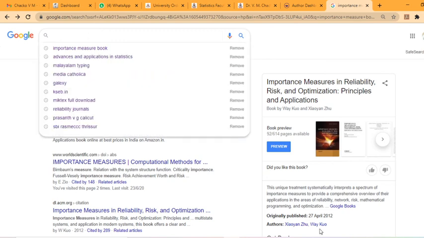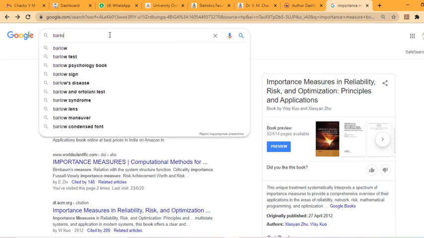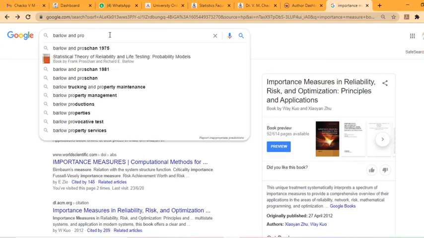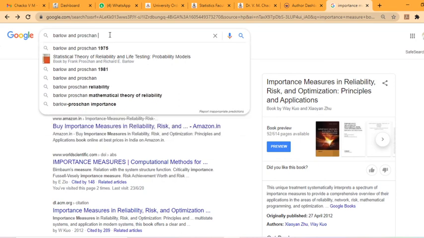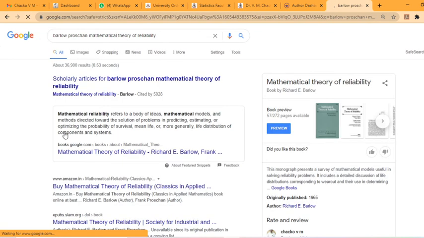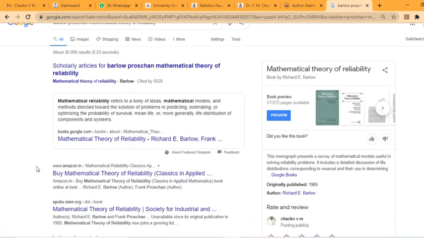So the book we are currently using is the book of Barlow and Proschan, Mathematical Theory of Reliability. I think it is available online. Barlow and Proschan, theory of reliability. I think this is available or not. Let me check that.